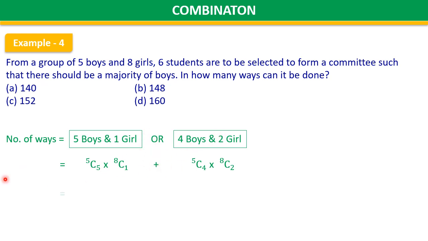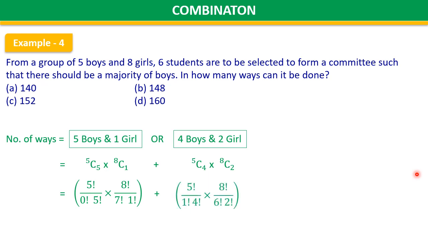Now, this can be further written as 5 factorial divided by 0 factorial into 5 factorial, and 8C1 is written as 8 factorial divided by 7 factorial into 1 factorial. So 5C4 is written like this and 8C2 is written like this. After solving this, it comes out to be a total of 148 different ways in which you can form a committee having a majority of boys.